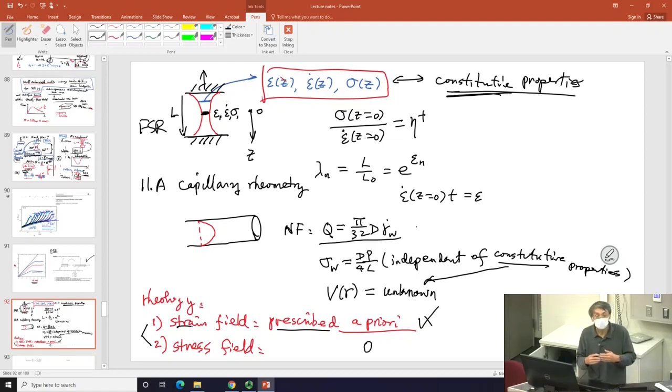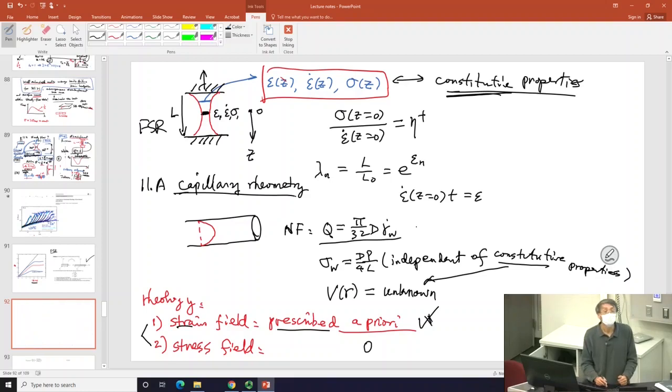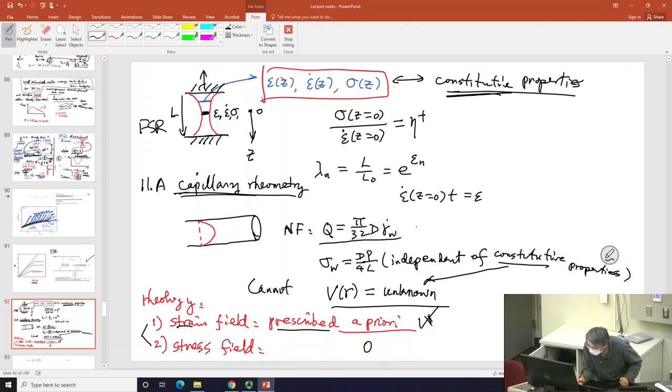So whatever we speak about is violating the traditional rheology in several ways. First of all, we discover typically we cannot necessarily prescribe a strain field. But if you insist on the classical way of approaching rheology, then capillary geometry is, of course, not in agreement with the conventional practice. Because capillary geometry, as I indicated, cannot prescribe the strain field, such as the velocity field.